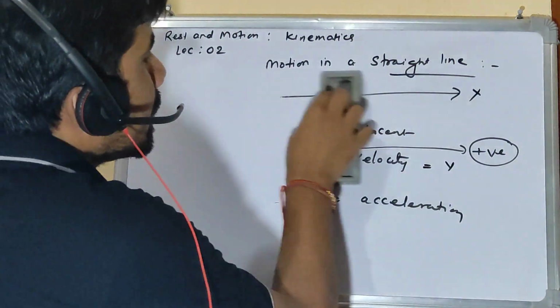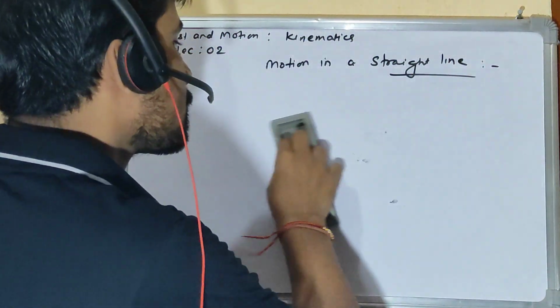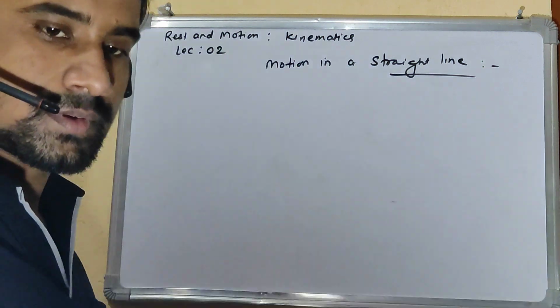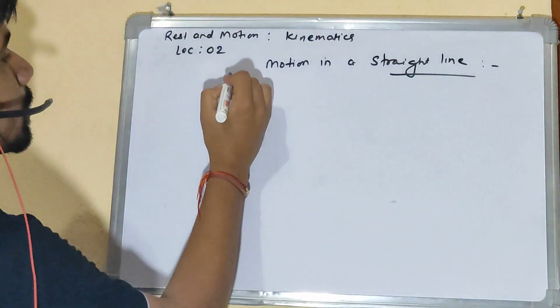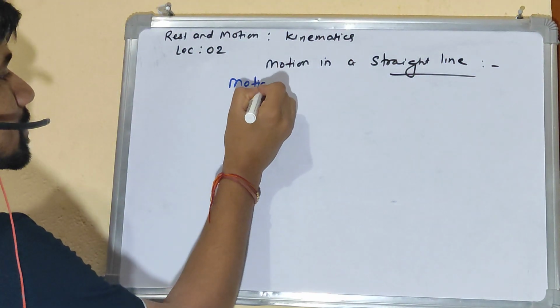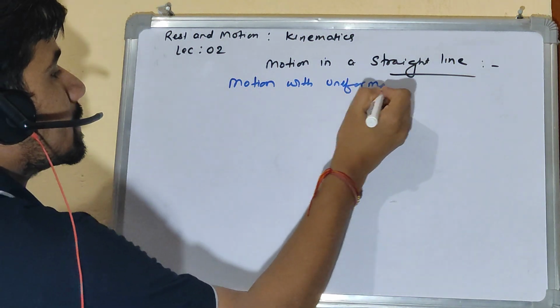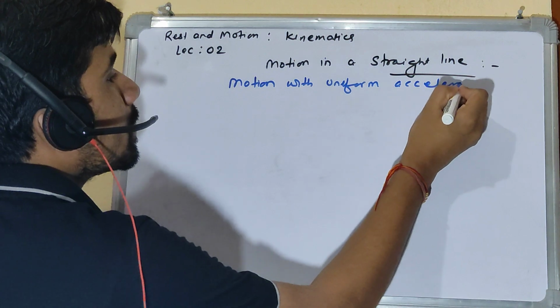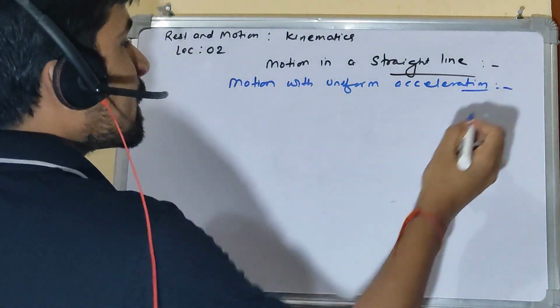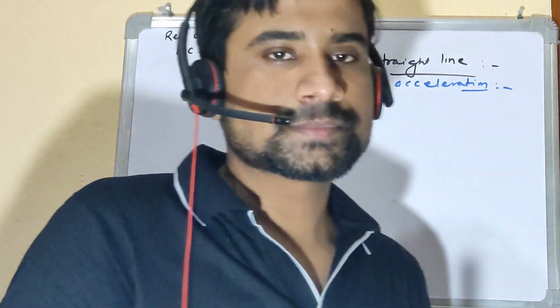Now, in motion in a straight line, let's discuss one more scenario: motion with uniform acceleration. We already know acceleration can be of two types, right?